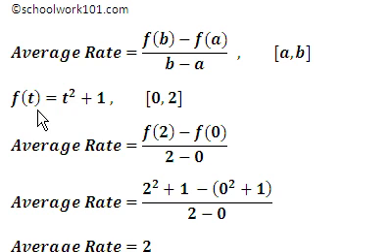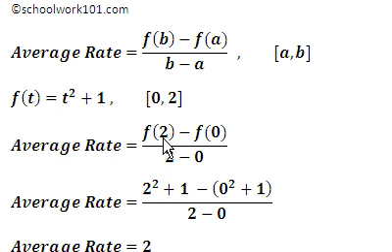Okay, so our function here is f of t equals t squared plus 1, and we're on the interval between 0 and 2, and the average rate is f of b minus f of a over b minus a, and so forth. I've just labeled this differently, but oh well.